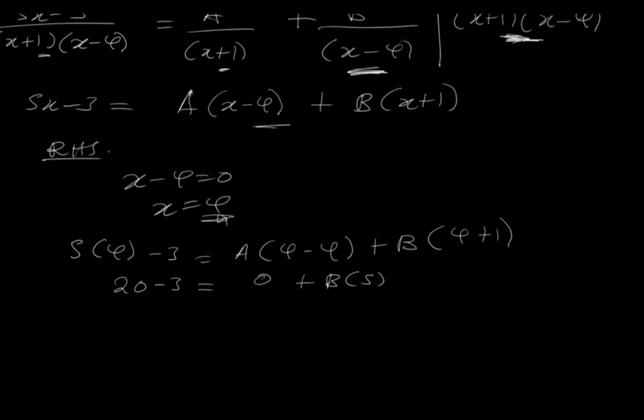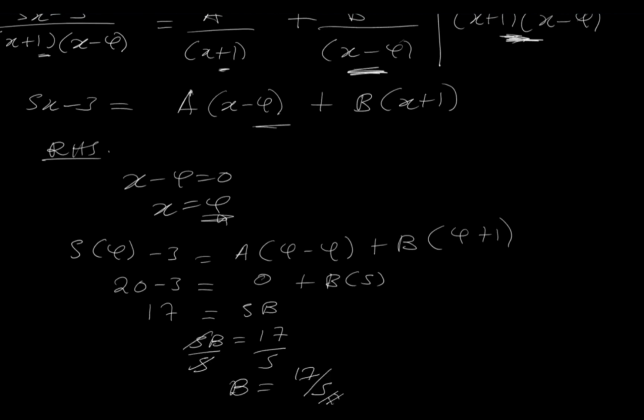So if you do the math, 20 minus 3, you end up having 17 is equal to 5B. So 5B is equal to what? 17.